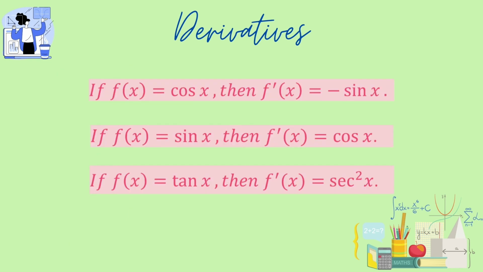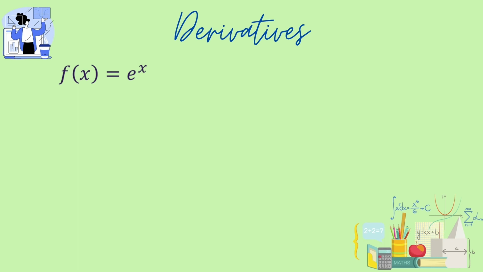At this point, we know that the derivative of the cosine function is negative sine. The derivative of the sine function is cosine function, while the derivative of the tangent function is the squared of the secant function. Lastly, let us consider the exponential function f of x equals e to the x.